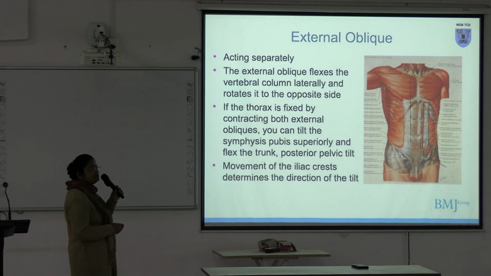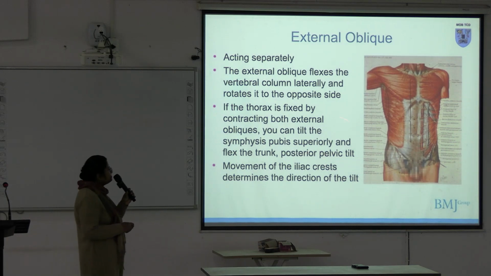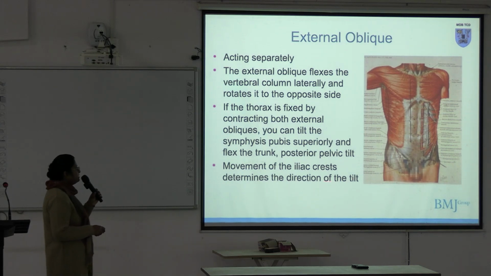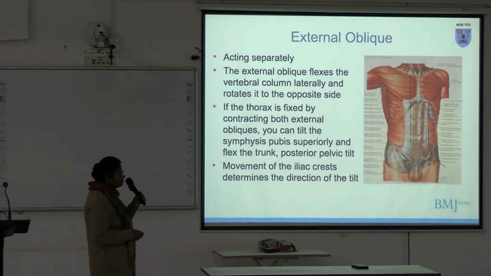And if the thorax is fixed, by contracting both external obliques, you can tilt the symphysis pubis superiorly and flex the trunk. This helps in posterior pelvic tilt. Movement of the iliac crest determines the direction of the tilt. Okay. Next.